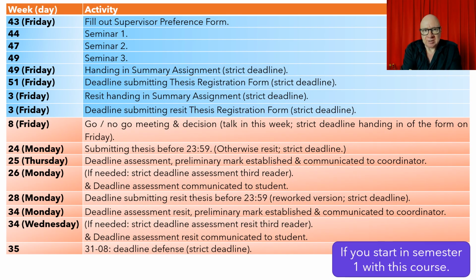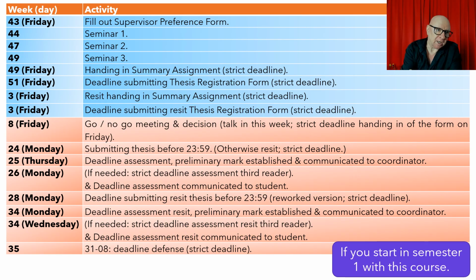That is, the supervisor and the second reader assess the thesis, and they establish a preliminary mark which they communicate to the coordinator. Then the coordinator can see whether a third reader is needed. If not, that's good.